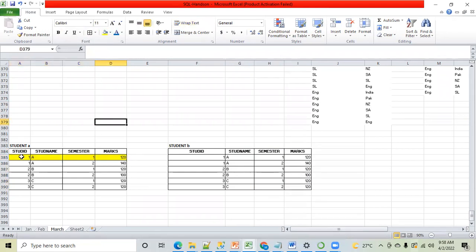Now you want to know whether he is the student who has scored marks in the second semester which are greater than the first semester, right? That is the target, correct? We have to search for those students whose marks in the second semester are greater than the marks in the first semester.